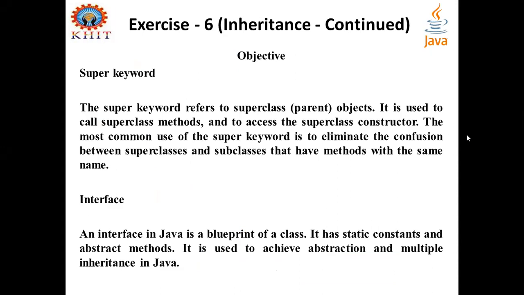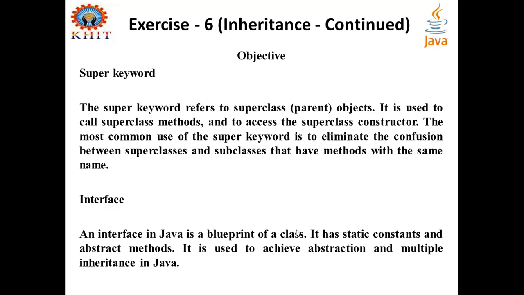So the objective of this Exercise 6 is, using the super keyword, construct one Java program, and second, implement one interface example program. The super keyword refers to superclass objects.